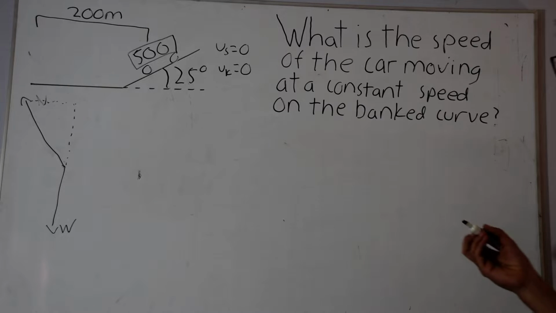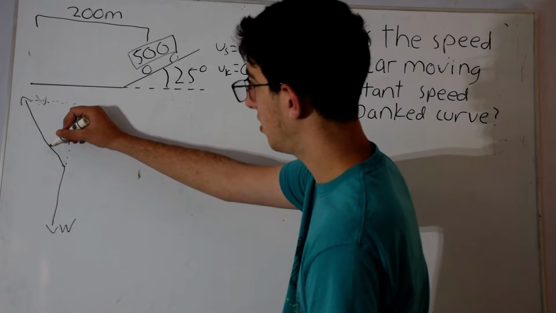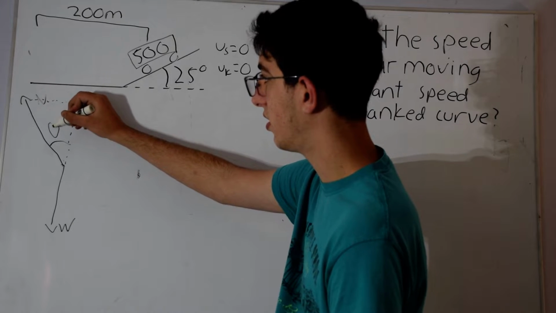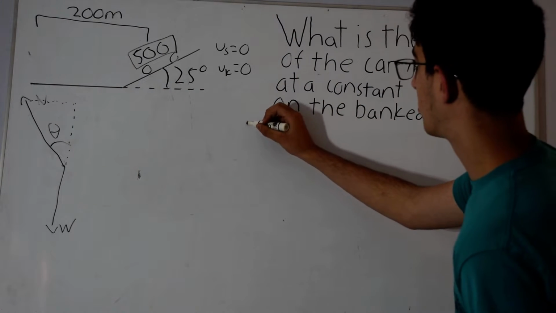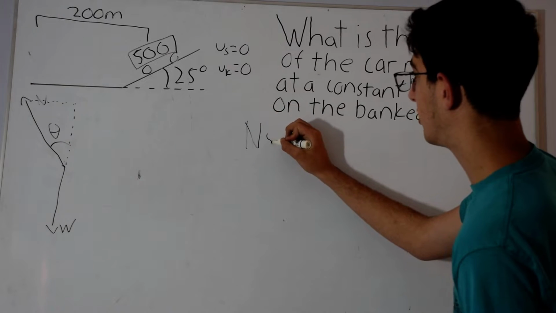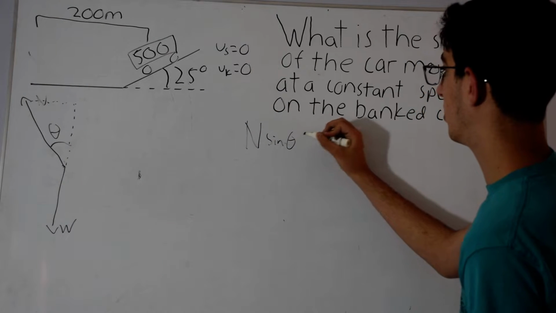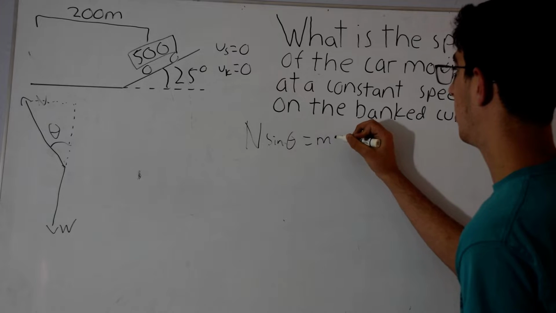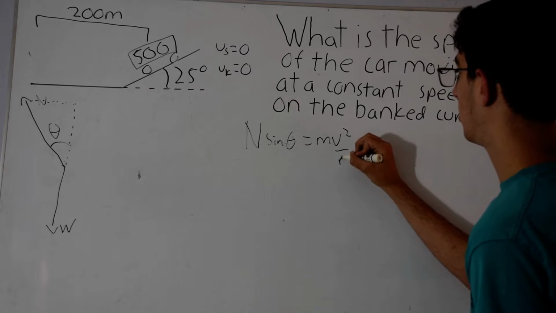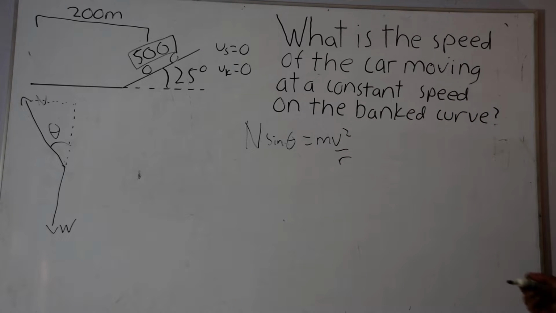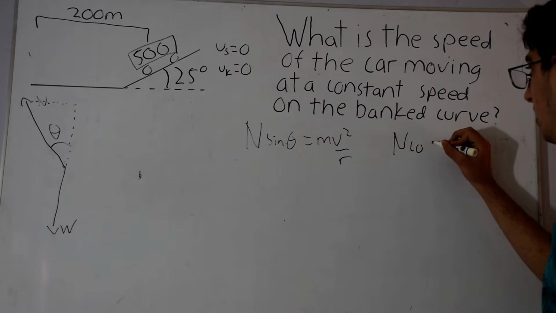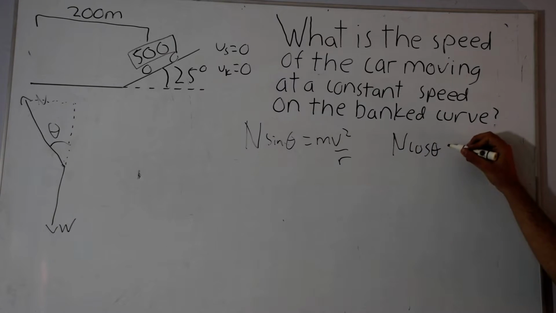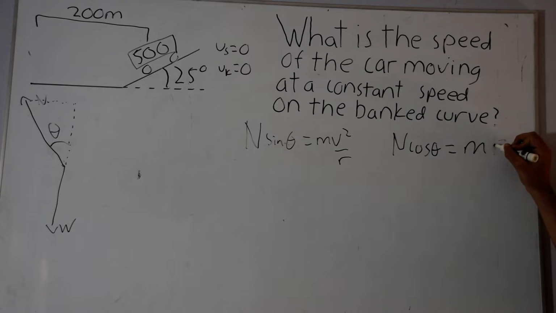So, if we just assume that this angle is theta, and we'll figure out what theta is later, we can write two equations. That the normal force times sine of theta equals mv squared over r, the centripetal acceleration times mass. And also that the normal force times cosine theta is equal to mg, or weight.